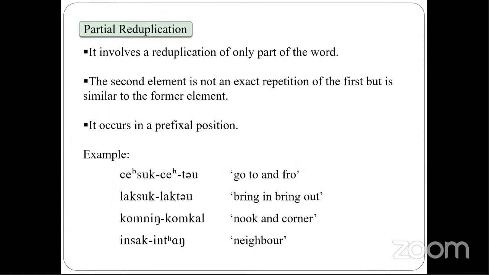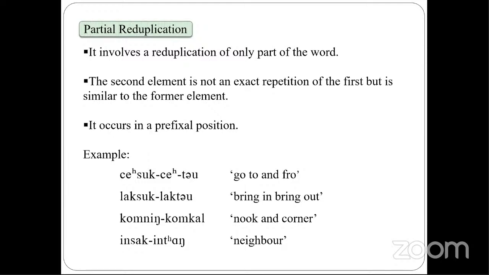In partial reduplication, it is repetition of only part of the word. And here the second element is not an exact repetition of the first, but is similar to the former element. And in Gangte, it occurs in the prefixal position.